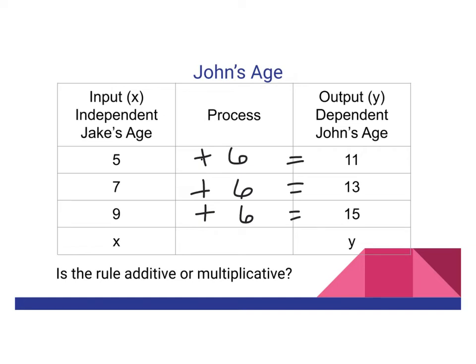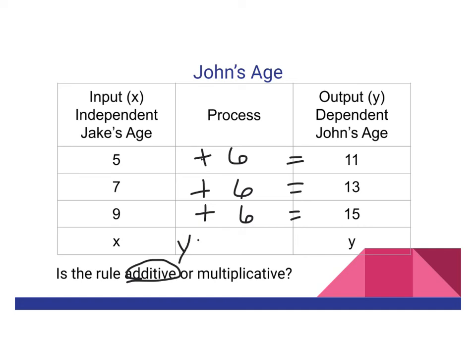Now, in order to write the equation, it's going to look like the additive equation, because this is an additive relationship. You're going to go ahead and pick additive from one of your choices when you label this table. Now, for the X and Y, we're going to say Y first, because we always put Y first.